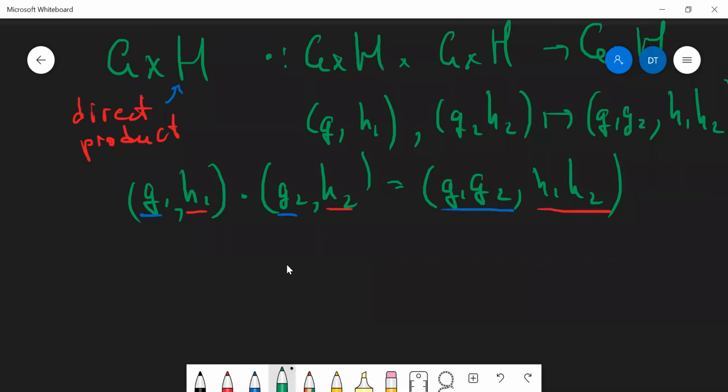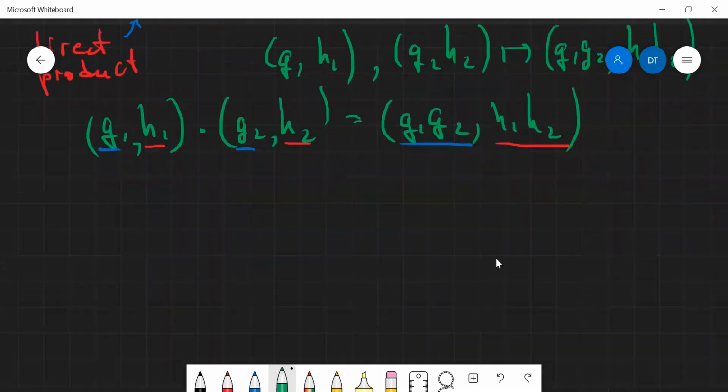Now, I've given you some data, like a set and an operation. Now I have to check three axioms because it may happen that this is not a group. The operation may be awful, who knows?